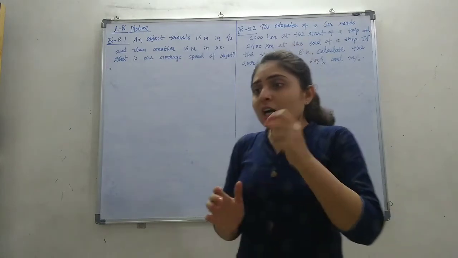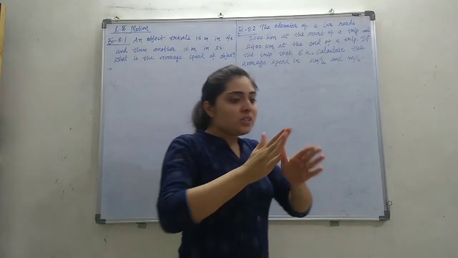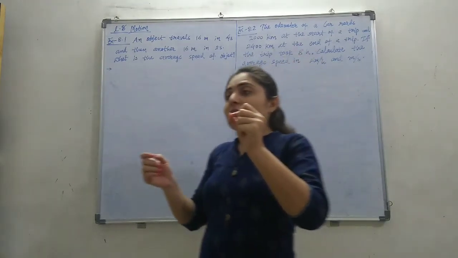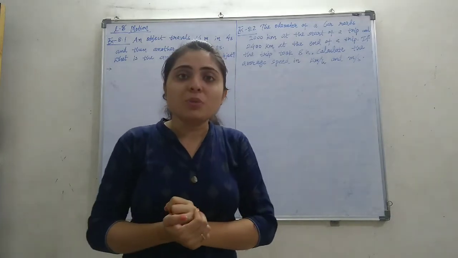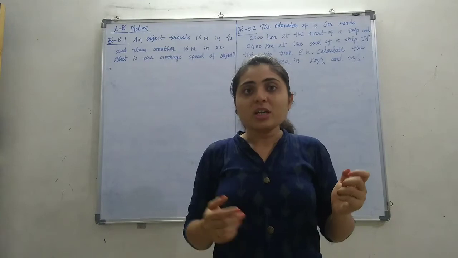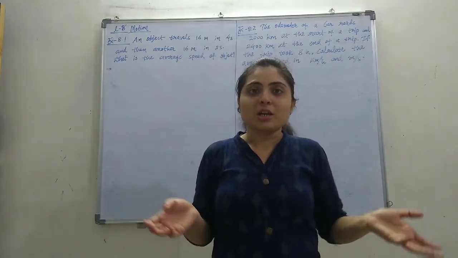Then there should be some relation between the units. If distance is in meter, then speed is always in meter per second. If distance is in kilometer, then speed can't be in meter per second.